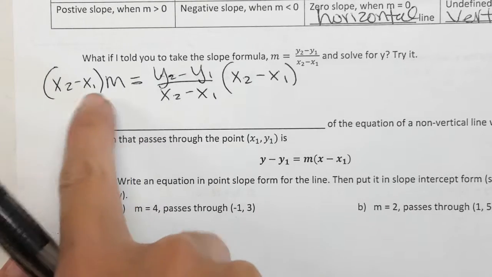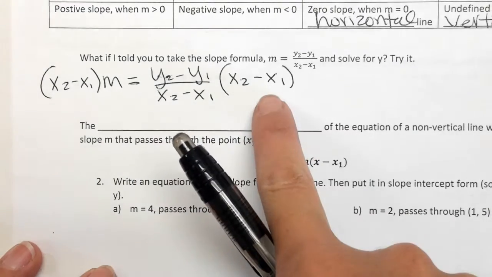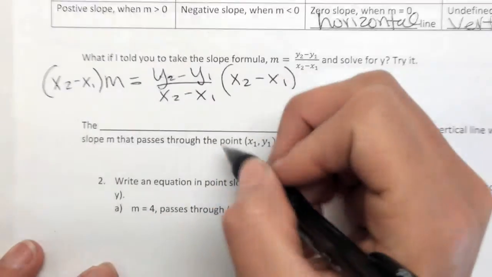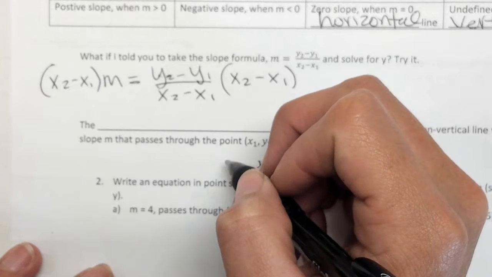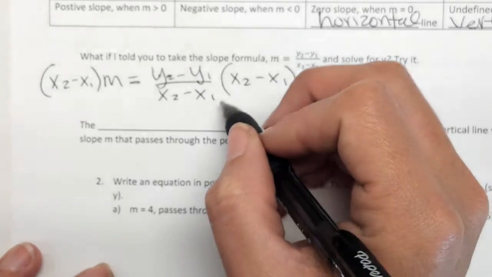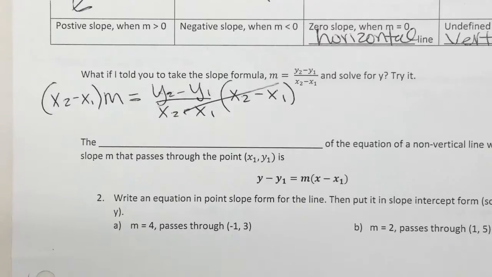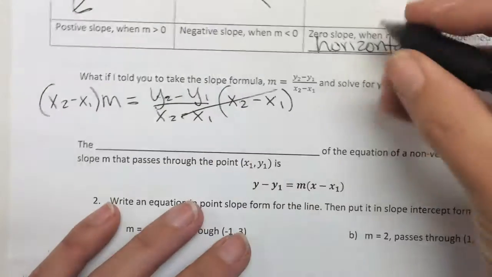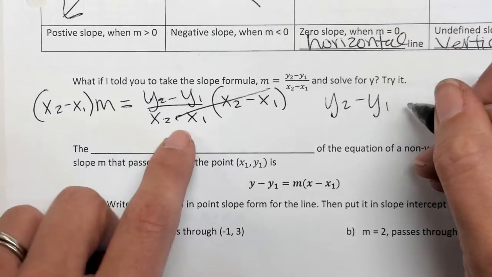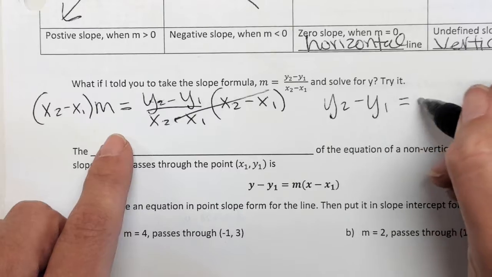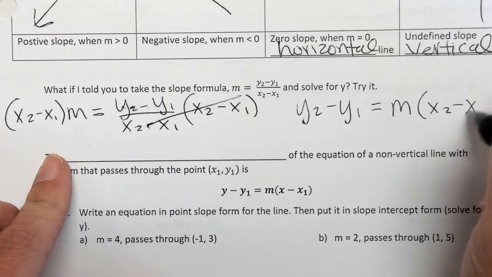On this side, let's just leave it in parentheses instead of distributing it out. What would happen on this side? What would happen to the x's? Good. So on this side you would just have y2 minus y1 by itself. On the other side, you'd have m times these x terms.